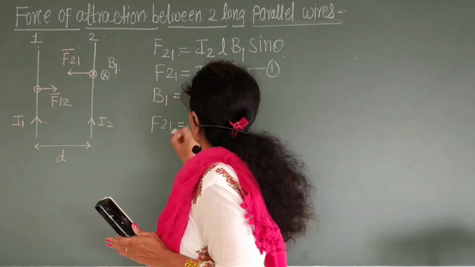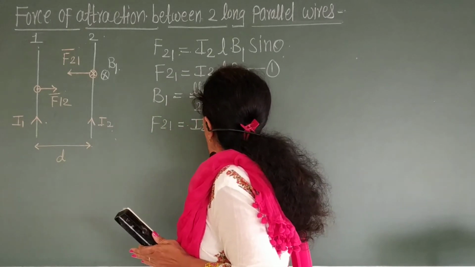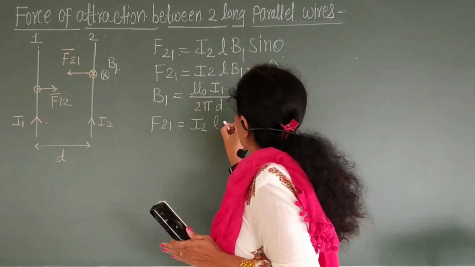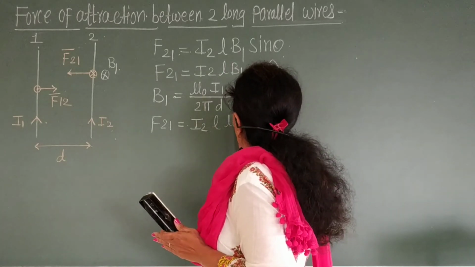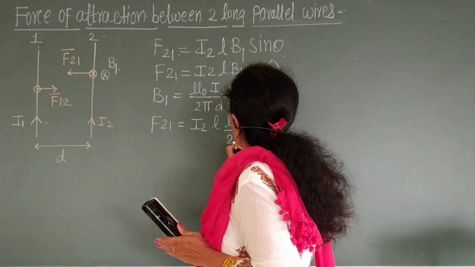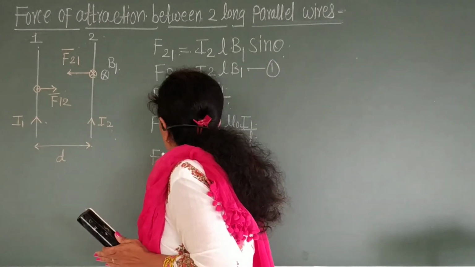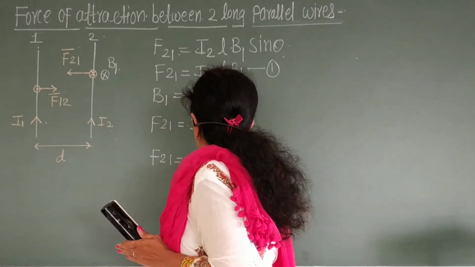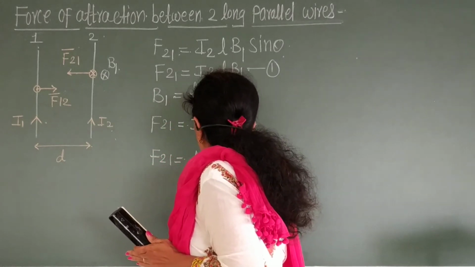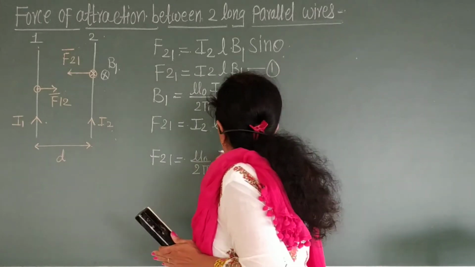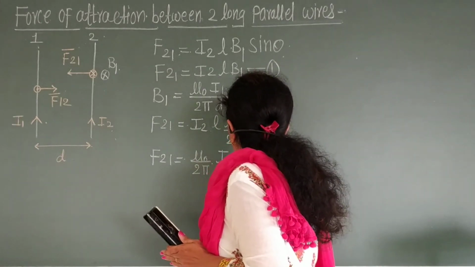Therefore this equation becomes F21 is equal to I2 as it is, L as it is, B1 is mu0 I1 upon 2 pi d. Therefore F21 is equal to mu0 upon 2 pi, I1 I2 L upon d.